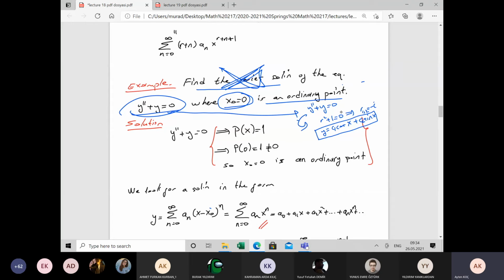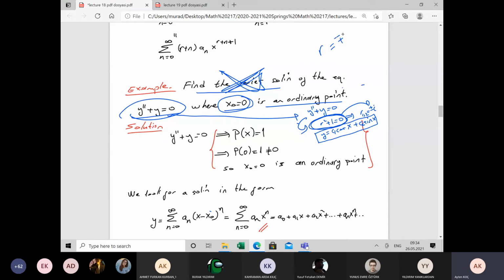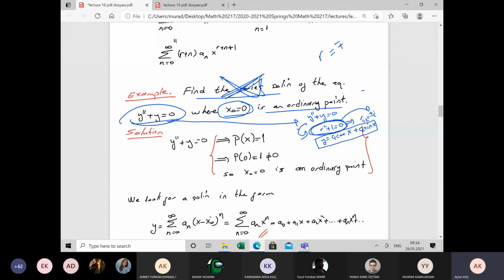Write the characteristic equation. The characteristic equation gives complex roots, r equals plus and minus i.